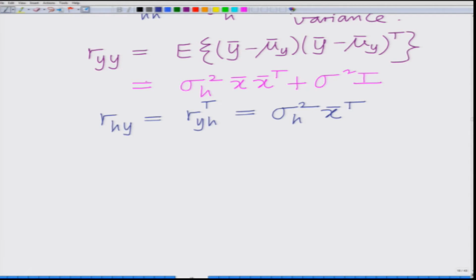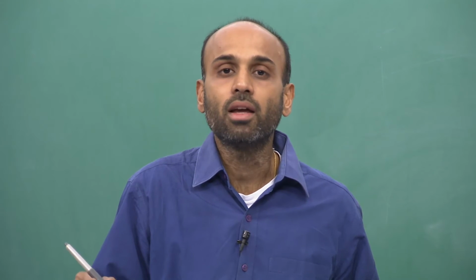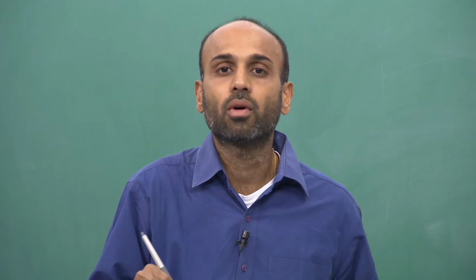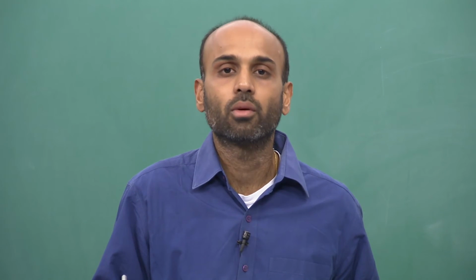Okay. So, these are the four different quantities, R_HH, R_YY, R_HY and R_YH, and R_HY and R_YH are the transposes of each other. Okay.